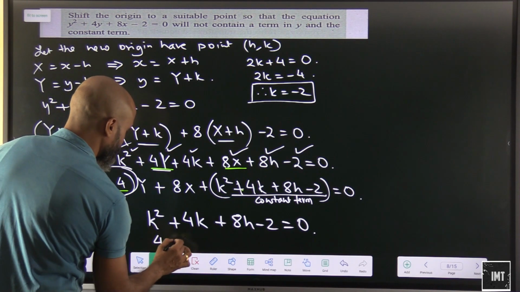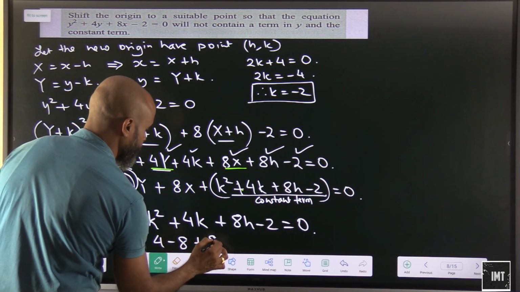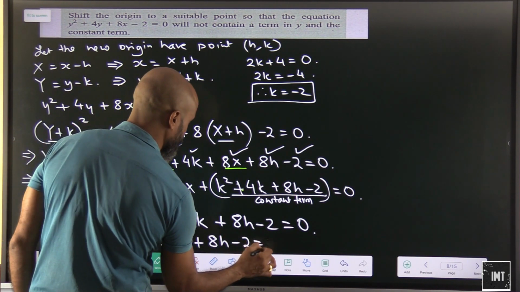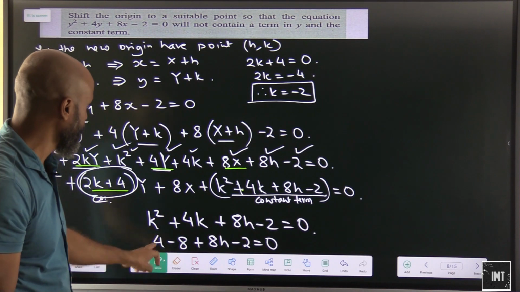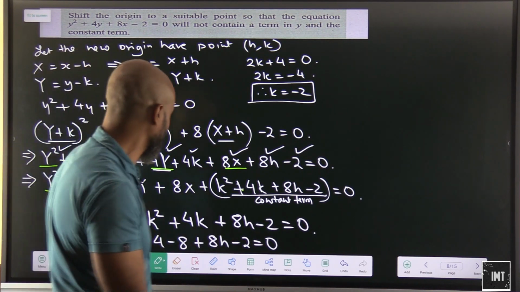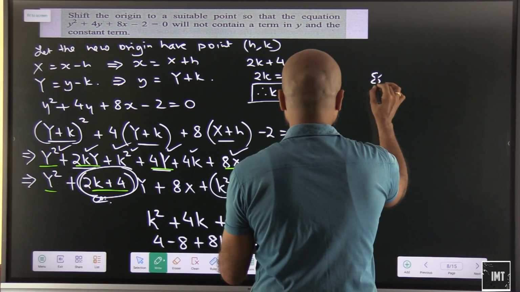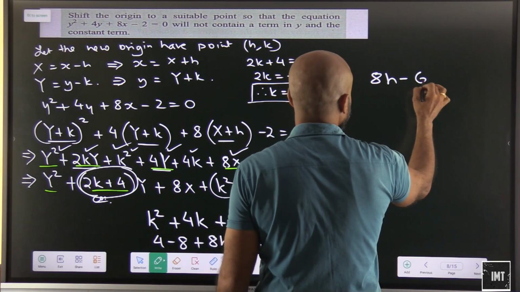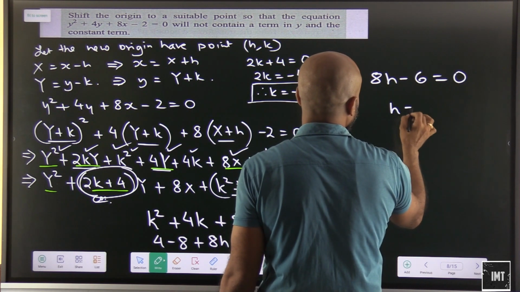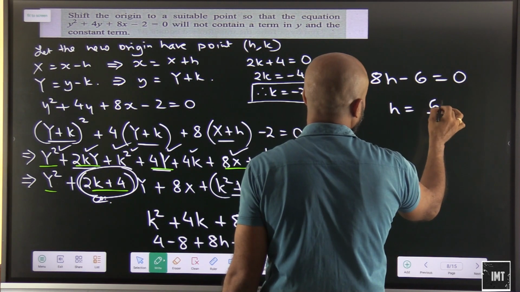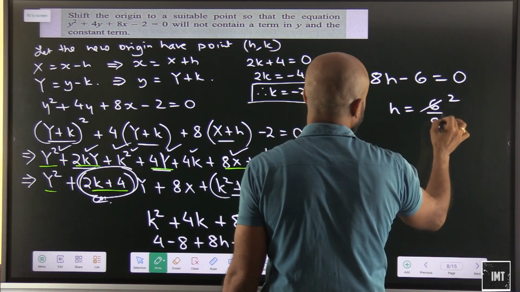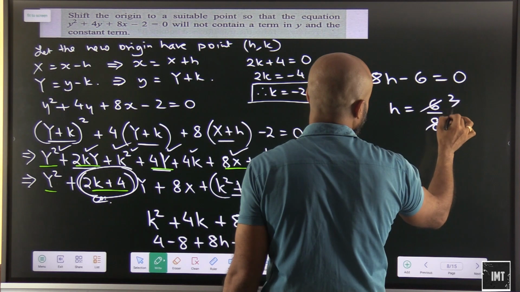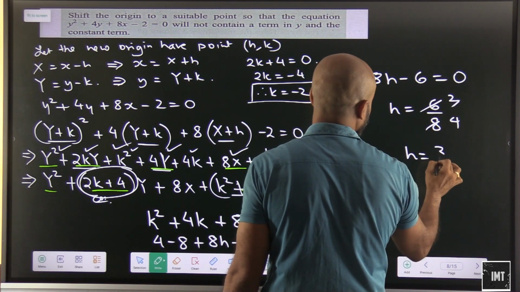So this will be 4 minus 8 plus 8h minus 2 is equal to 0. 4 minus 8 is minus 4, minus 4 minus 2 is minus 6. So 8h minus 6 is equal to 0, which gives h as 6 by 8. So h is going to be 3 by 4.